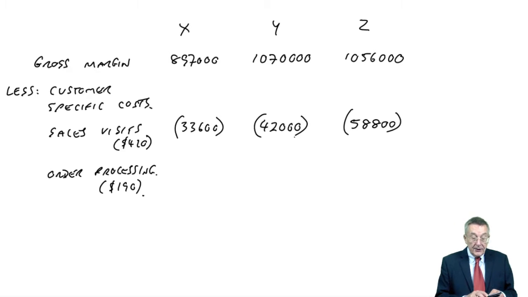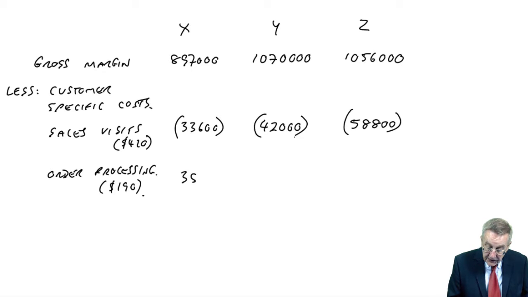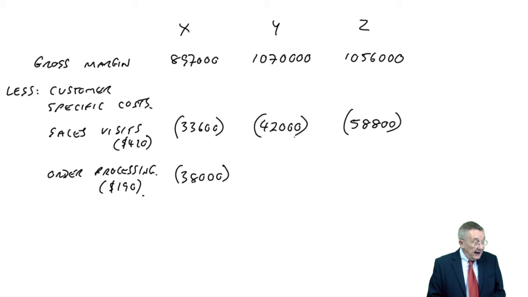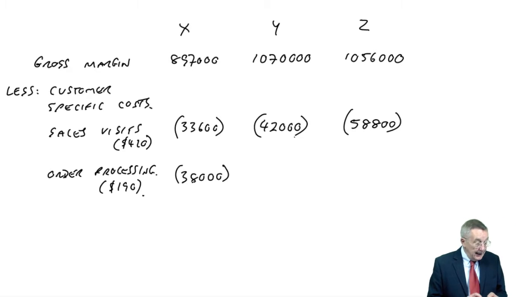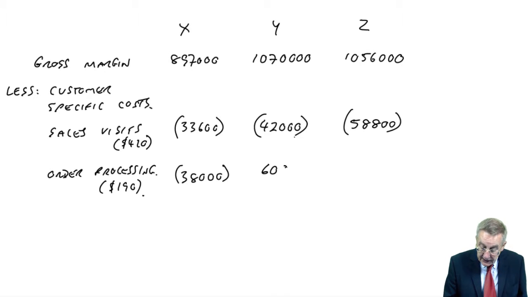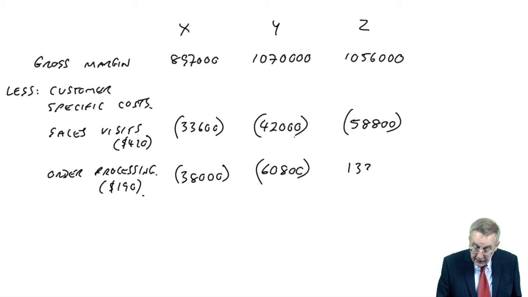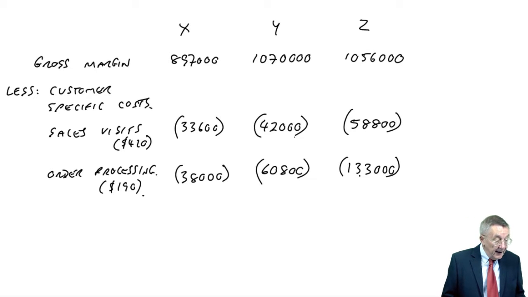X has 200, so 200 at 190 is 38,000, charged against X. To Y, 320 orders at 190 is 60,800. And to Z, 700 orders at 190 each time is 133,000. So I think you can see what's happening, but let's quickly finish it off.